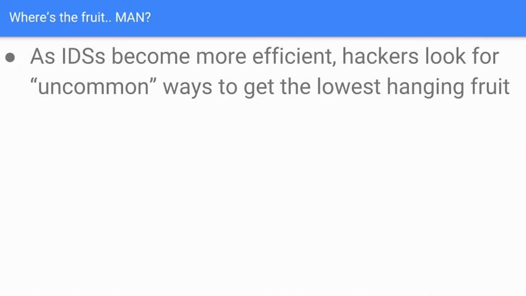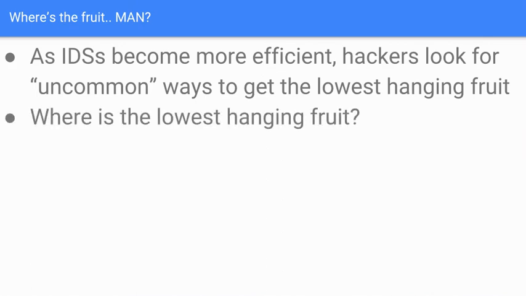So we need to start thinking of uncommon ways to get the lowest hanging fruit. Essentially, where is the lowest hanging fruit now? Boom, it's application business logic, and that is basically the crux of what we're talking about here.